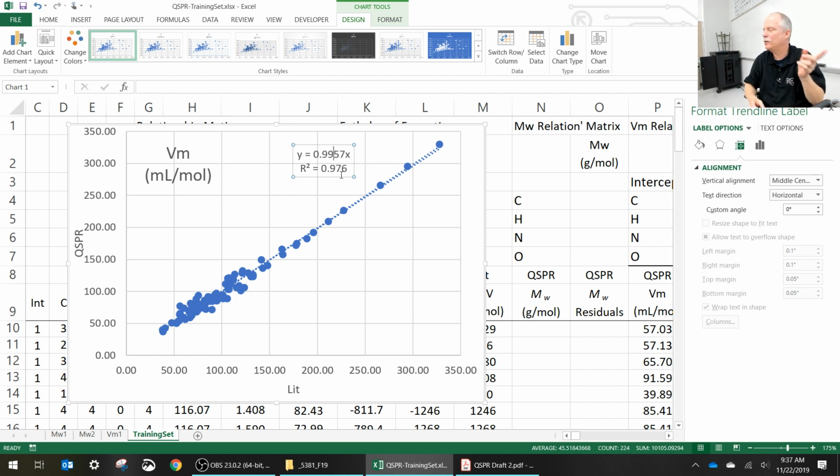So this plot is a really useful plot. Any individual value may be off a few percent, but in this whole data set, I've matched literature 99%. Because if I plot QSPR versus literature, the slope is 99.57%. Okay, that's a little different claim than the r squared value.